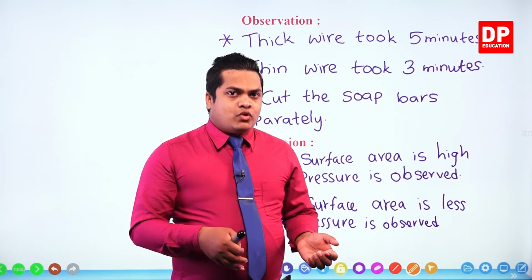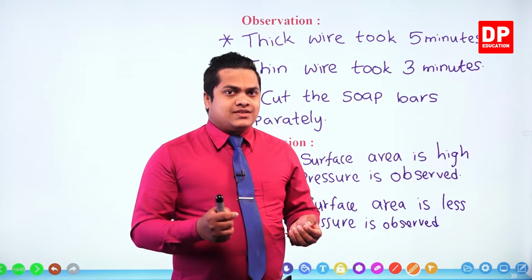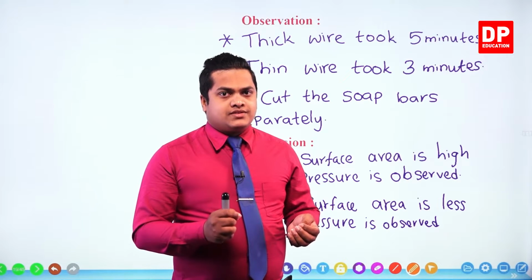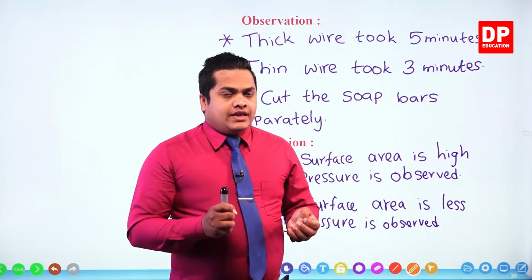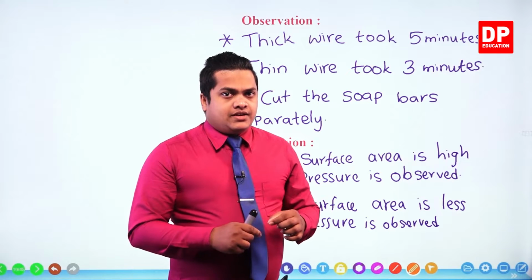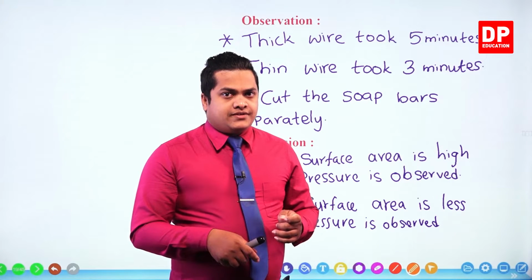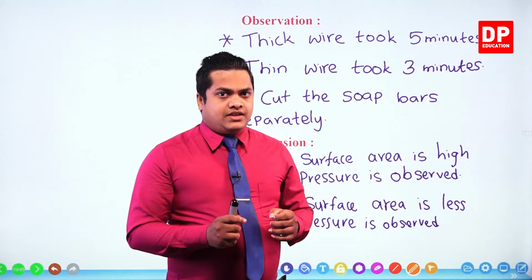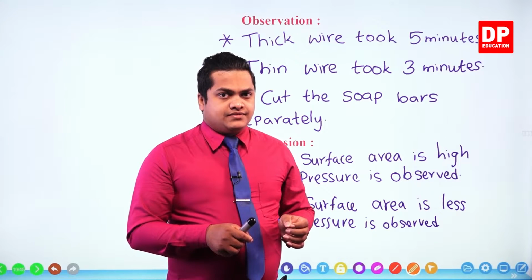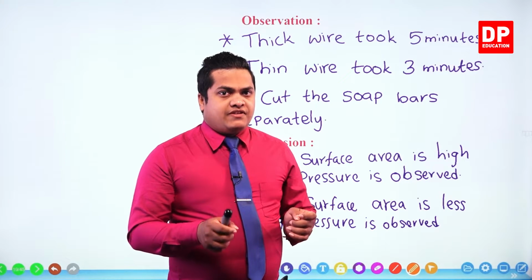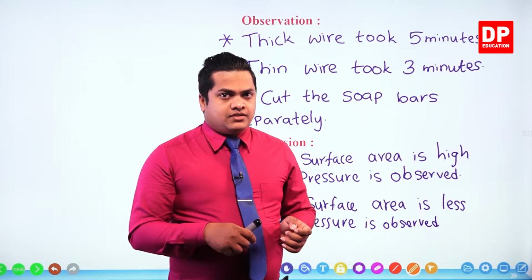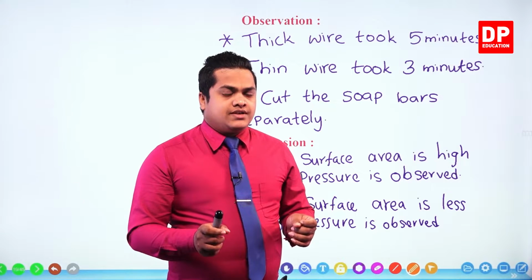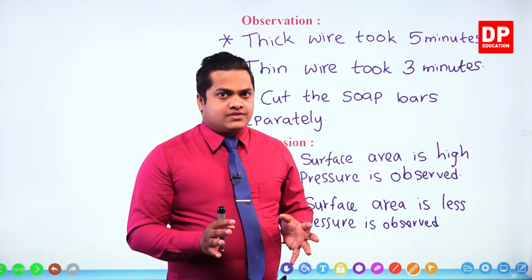Why does it take more time? Because the pressure exerted on the soap bar is very less. If the wire is thin, less time is taken. So if less time is taken, high pressure is acting on the surface.